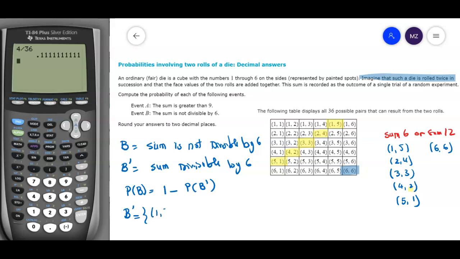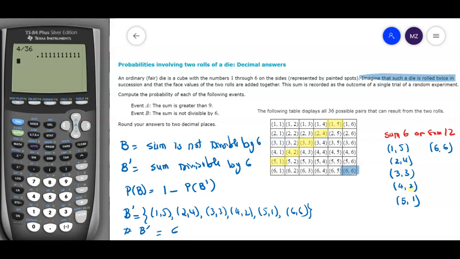Okay, so B prime, you're going to be all this together. You're going to be 1, 5, comma, 2, 4, comma, 3, 3, comma, 4, 2, comma, 5, 1, comma, 6, 6. And here we can definitely know what is B prime. So B prime is going to be having 6 elements.